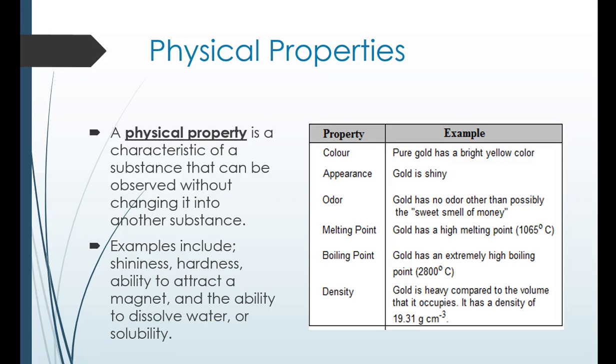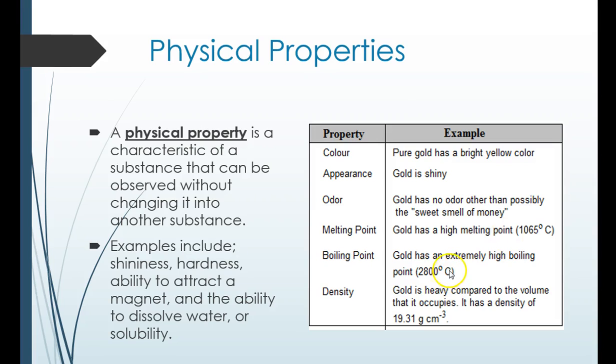So physical properties of elements are shininess, hardness, if they're magnetic, if they can dissolve water, or if they are dissolved in water. If I look at gold and its physical properties, its color is bright yellow. It's shiny. It has no odor. Its melting point's really high, 1,065 degrees Celsius.